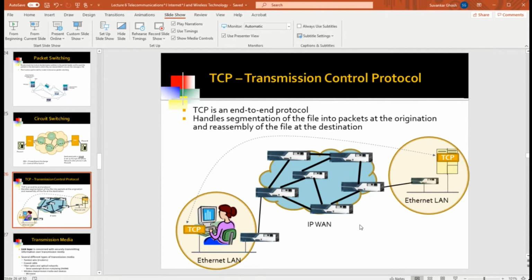That reassembly process is done by the transmission control protocol. So that's why you need the transport layer, and the specific protocol that the internet uses for the transport layer is also known as TCP, or the transmission control protocol. So that's the protocol used in the transport layer.